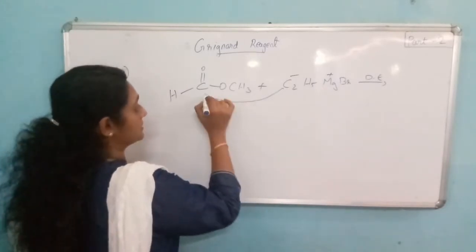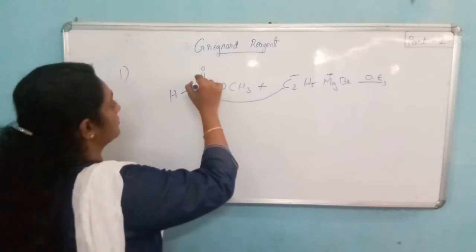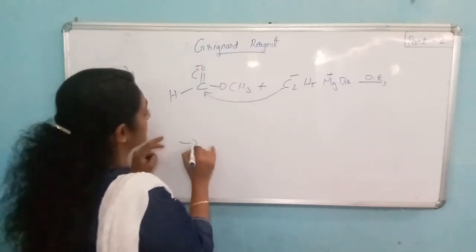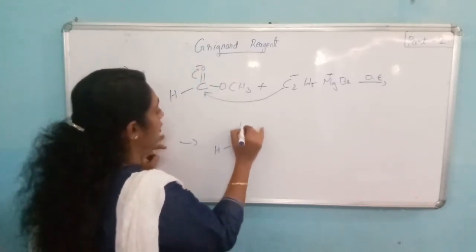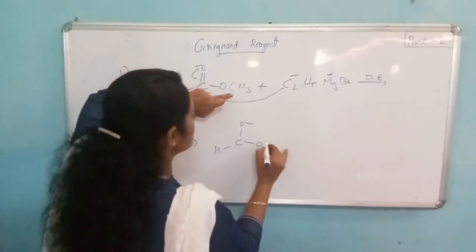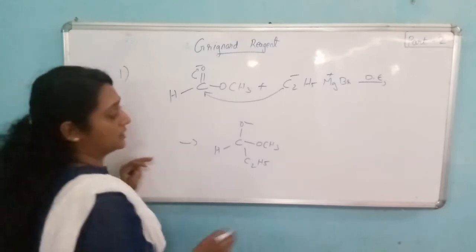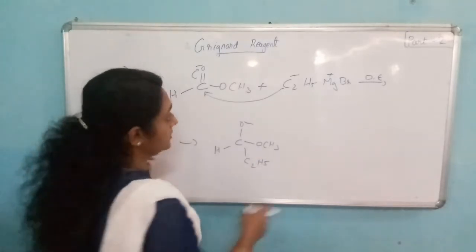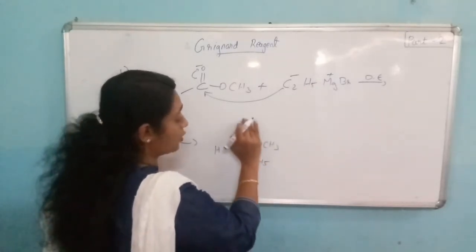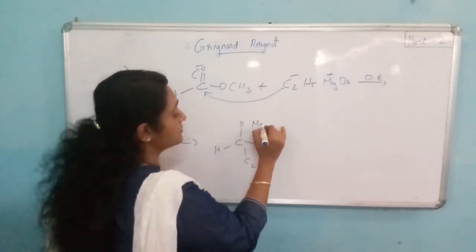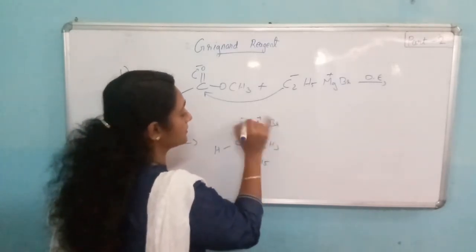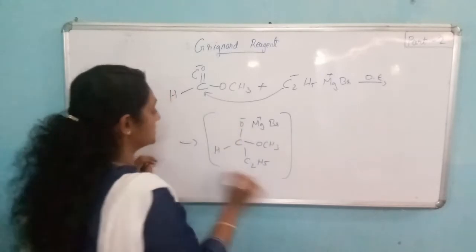It attacks the carbonyl carbon, the bond shifts to oxygen, and the product will be HCO minus OCH3 and C2H5. This is the alkoxide intermediate. The O minus is stabilized by Mg plus Br. This is the intermediate.